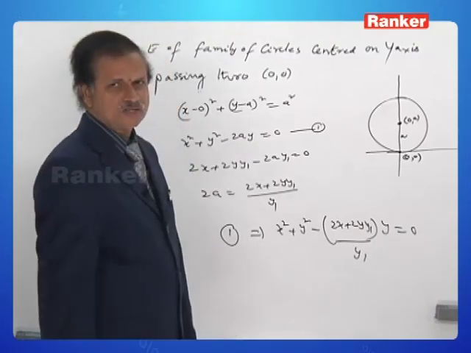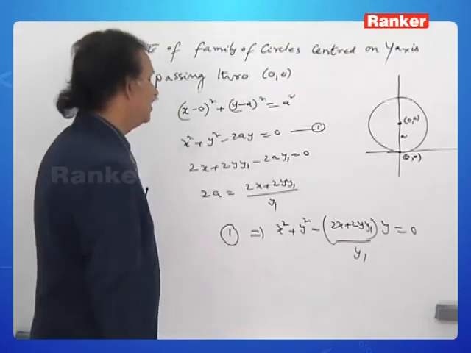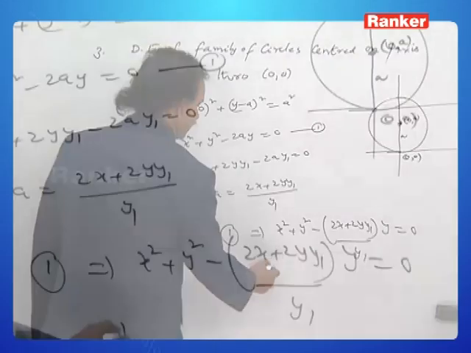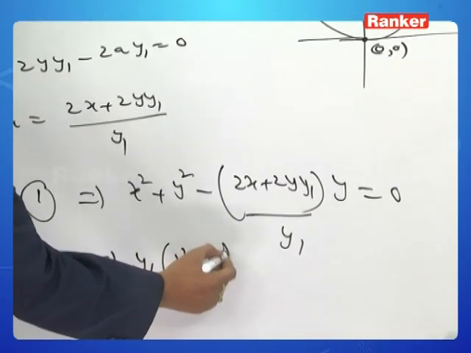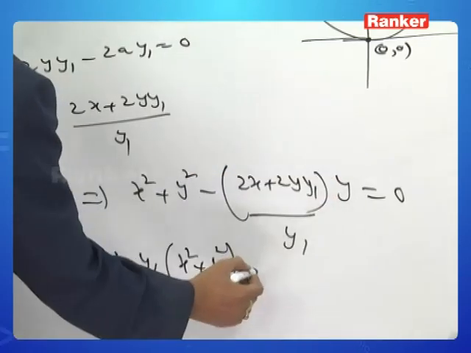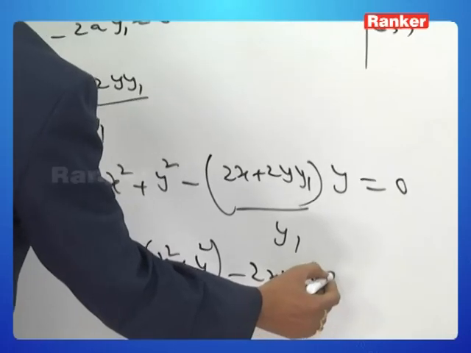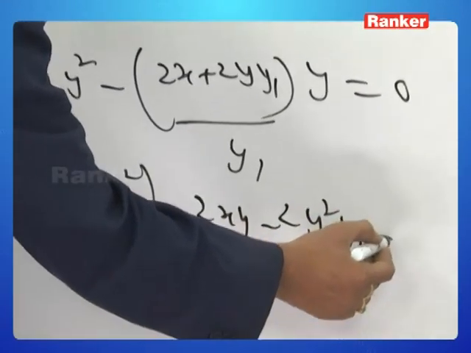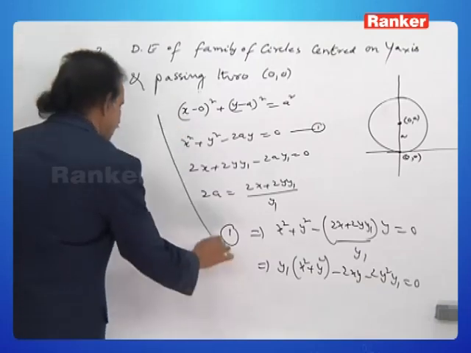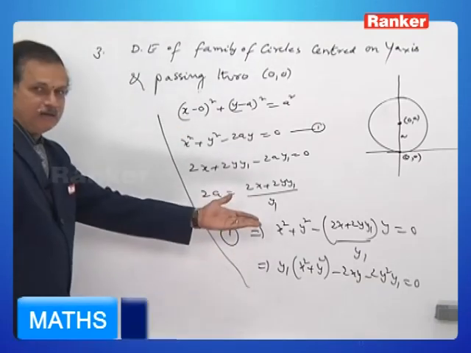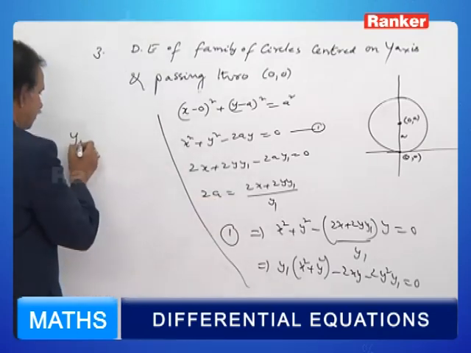Of course, according to the necessity and facility, you can simplify that. Come on, multiply it with y1. What happens? y1 into (x square plus y square) minus 2xy minus 2y square y1 is equal to 0. From this, we can take y1 as a common factor.